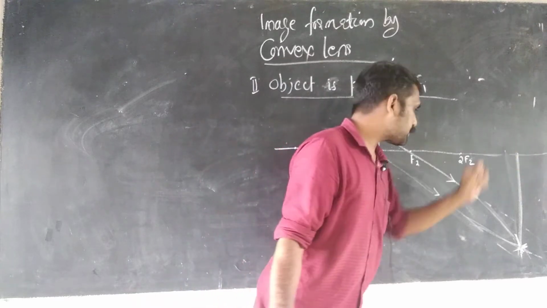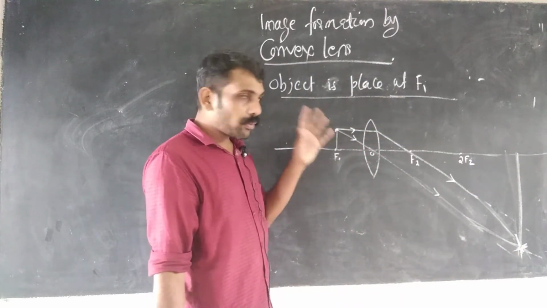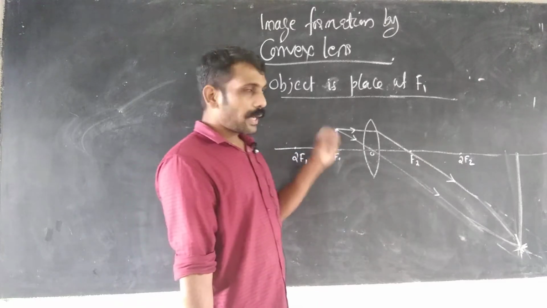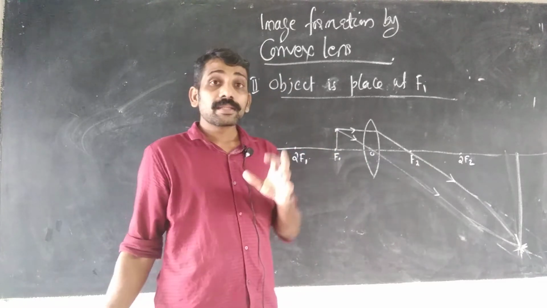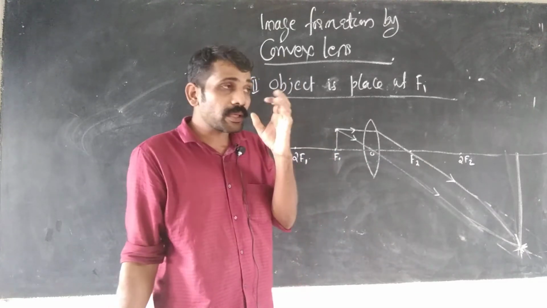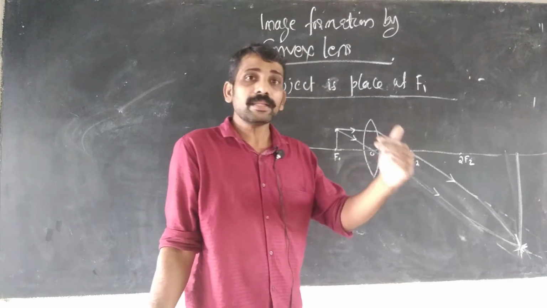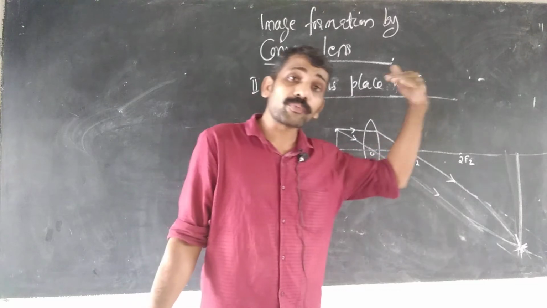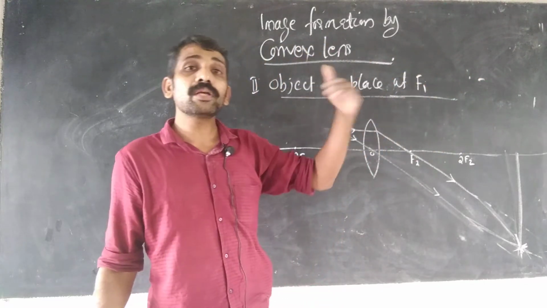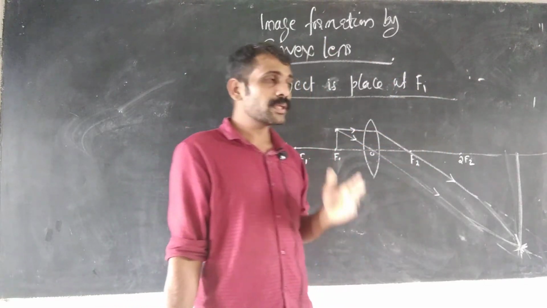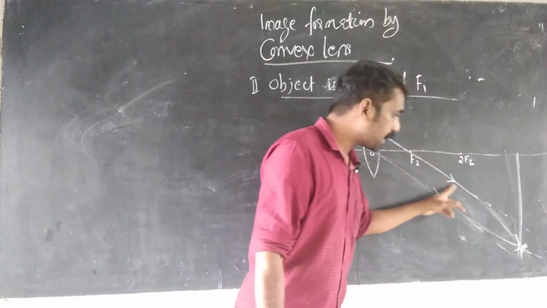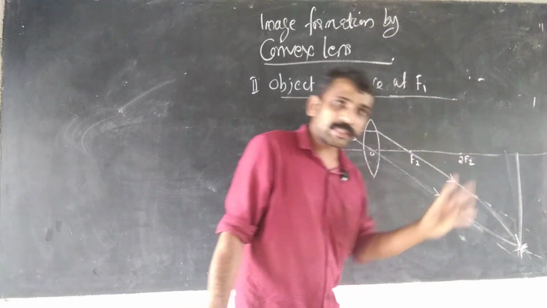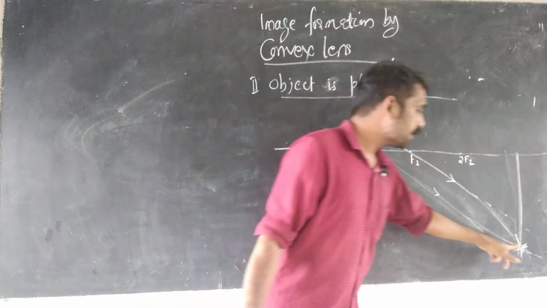So what we understood is, if the object is placed at focus F1, then the image will be formed at infinity. The two rays never intersect at a near distance, but they intersect at infinity.